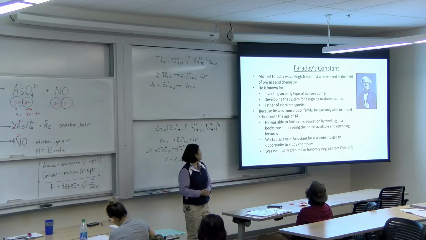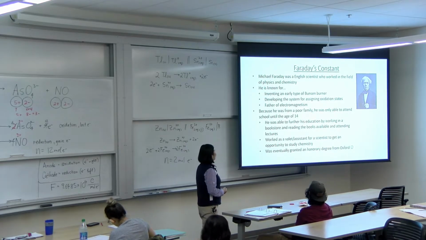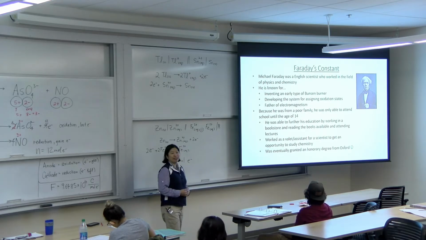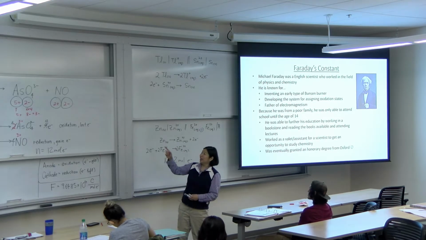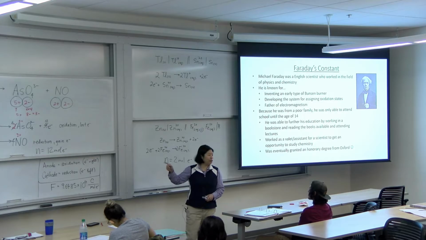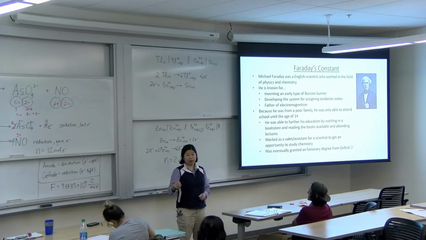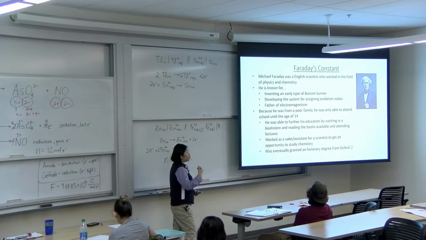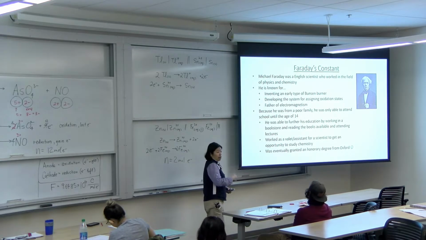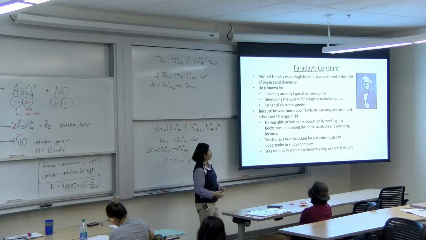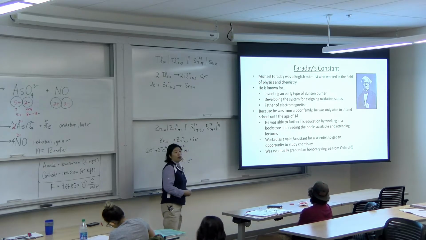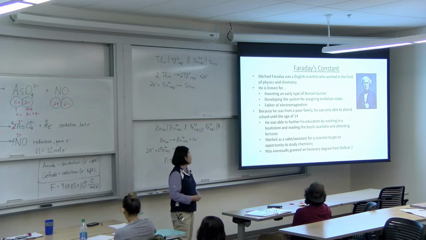He developed a system for assigning oxidation states. So every time you write a circle and assign oxidation states, you should say, "Thank you, Michael Faraday." He's the one who came up with this system of keeping track of how many electrons are lost and how many electrons are gained. He is well known as the father of electromagnetism.